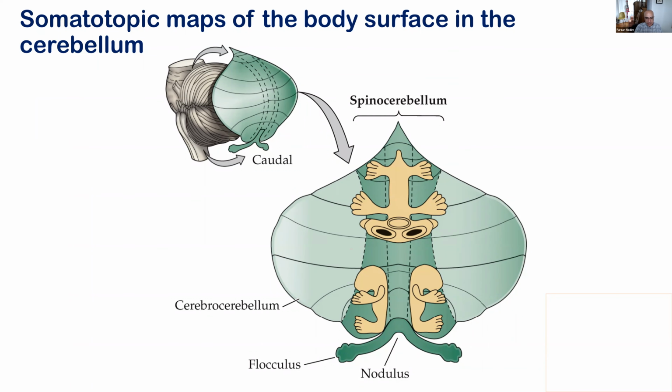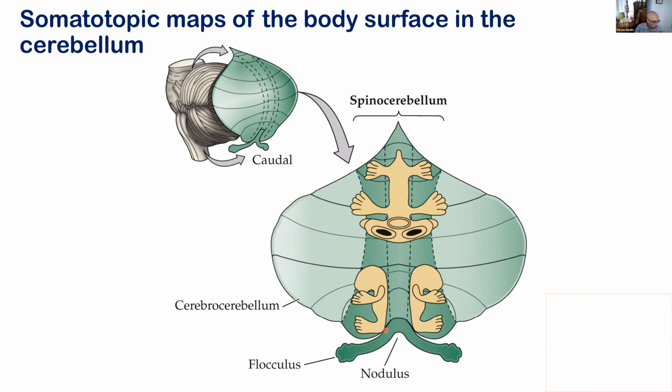Now, the spinocerebellum has what's called a fractured topographic, or somatotopic, map of the body. Mostly, the spinocerebellum is concerned with processing proprioceptive input. Think about it in the context of motor activity.